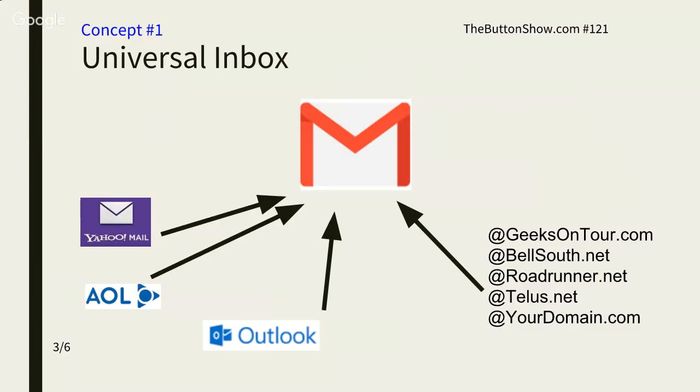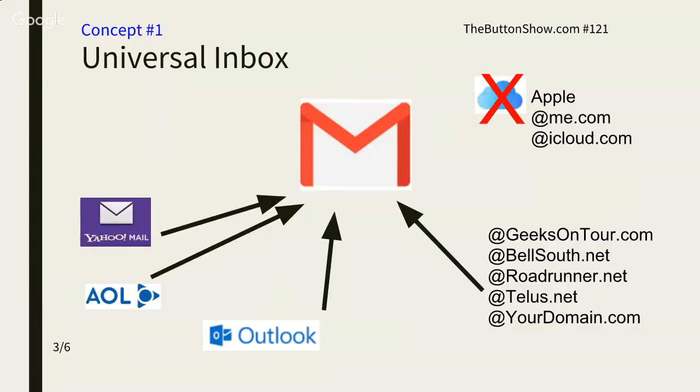Now, one little caveat, I could not get my iCloud email to come into Gmail. Huh. Wonder why. Well, I think it has to do with the POP3 versus IMAP. Most web-based emails out there give you the choice of POP3 or IMAP. Apple seems to only be IMAP.